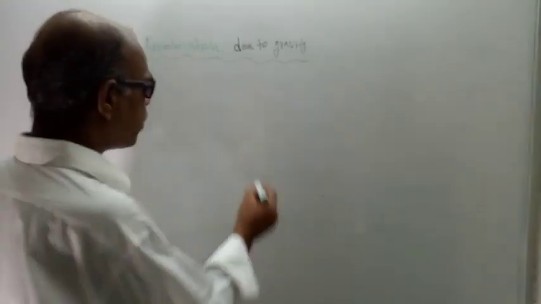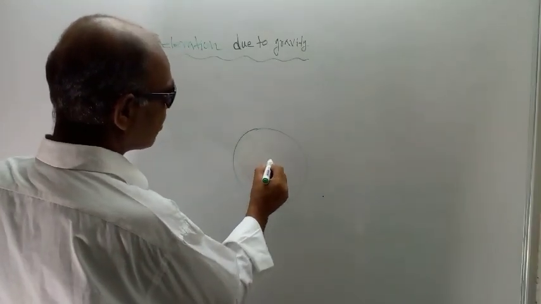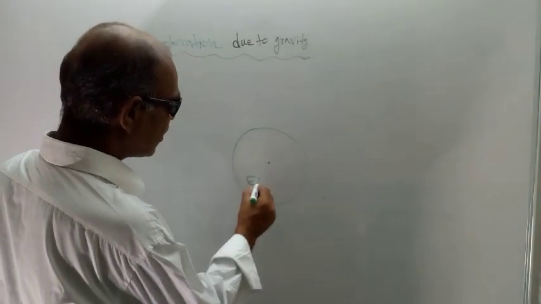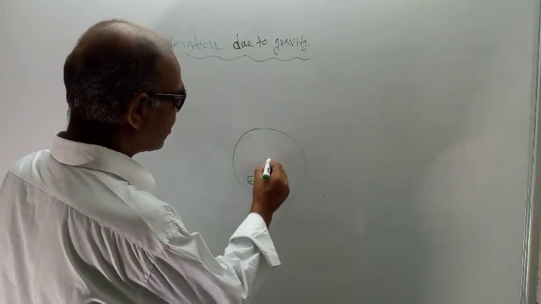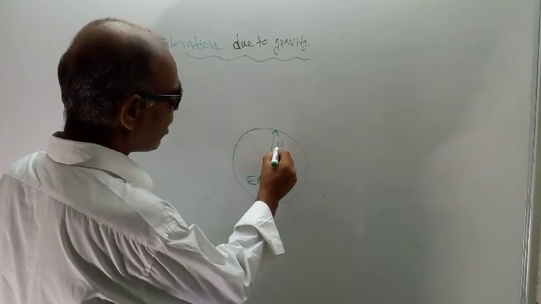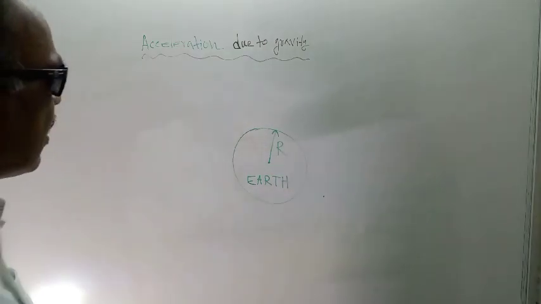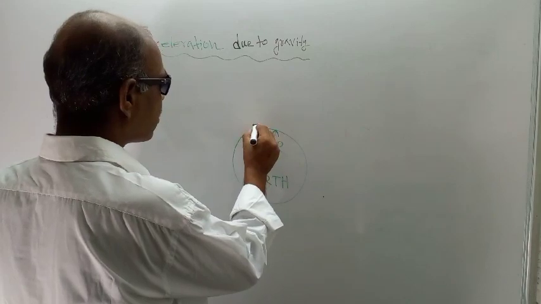So, say for example, this is our Earth, and this is the center. This is the radius R. Capital R is the radius of the Earth. And suppose there is one small object on the surface of the Earth.